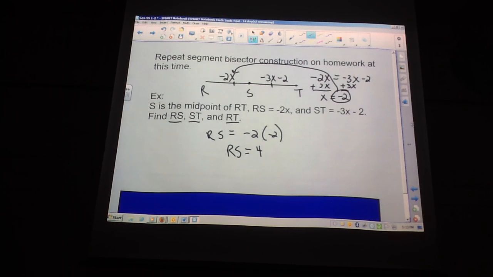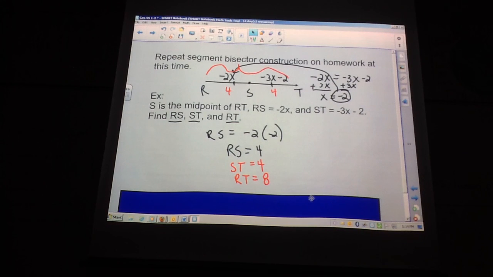Well, if RS is 4, that automatically tells you that ST has to be congruent, so it's 4 also. And now the entire segment would be adding those two small pieces together to equal the whole. So RT would be 4 plus 4, or 8.